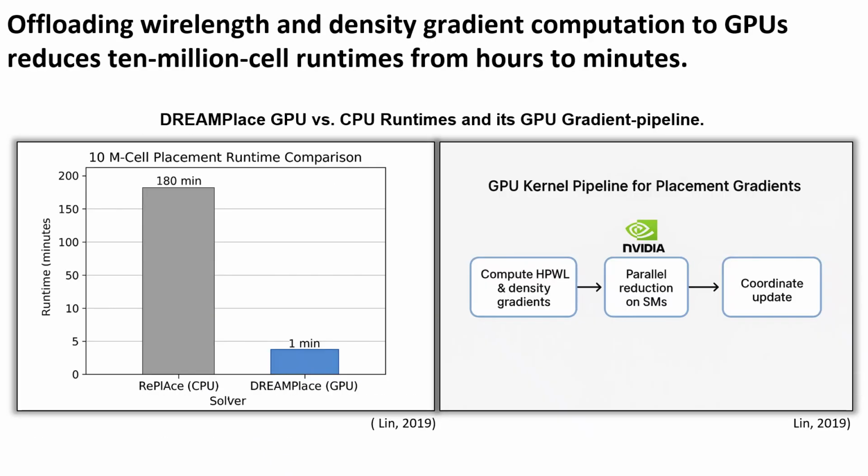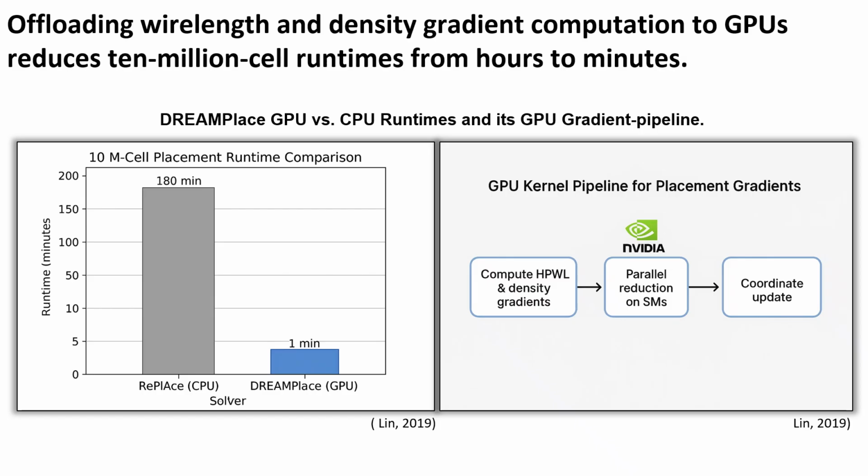Offloading wire length and density gradient computation to GPUs reduces 10 million cell runtimes from hours to minutes. CPU placers take about 3 hours for 10 million cell designs, which is too slow for modern agile workflows. DREAMPlace cuts that to 1 minute by running per net and per bin gradient kernels in parallel on thousands of NVIDIA CUDA cores.